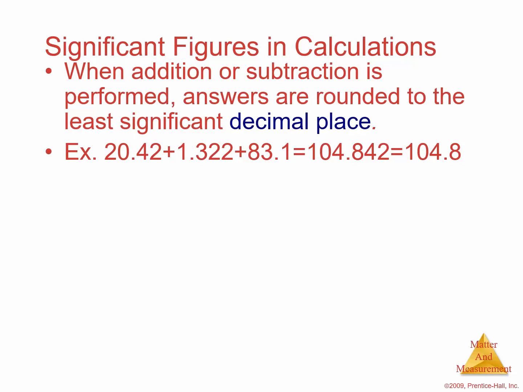So after you add all of them, you get this number which contains 3 decimal places. So your answer should contain only 1 decimal place. So you count here 1, and then 4 is less than 5, omit, and then you get this answer.